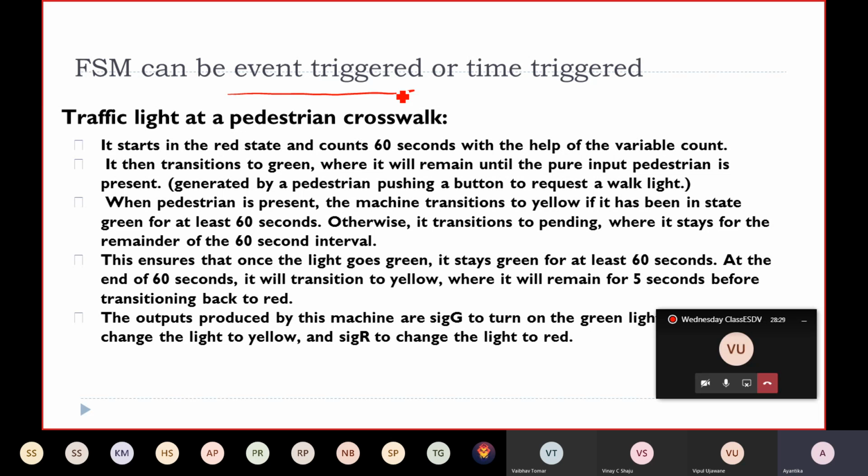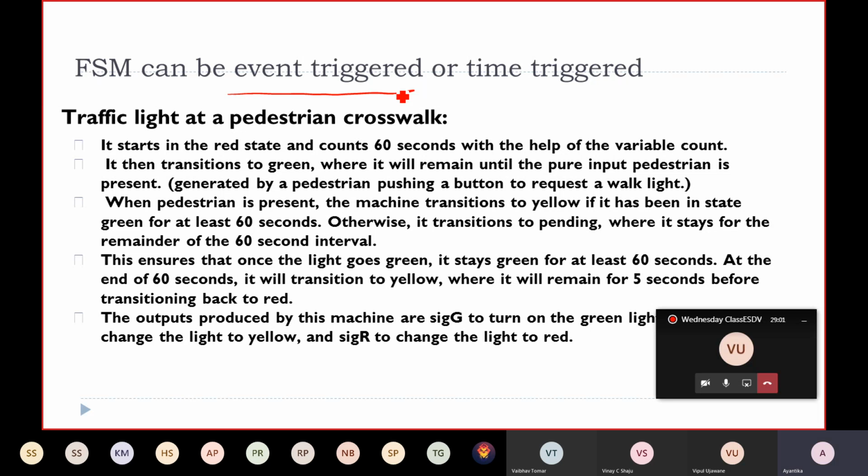You can understand that it can be time triggered also. The trigger is coming from maybe a change of time, maybe lapse of some time range or time duration. In that way, the state transition conditions we are now considering are not coming from some practical event, but from some time duration related analysis.